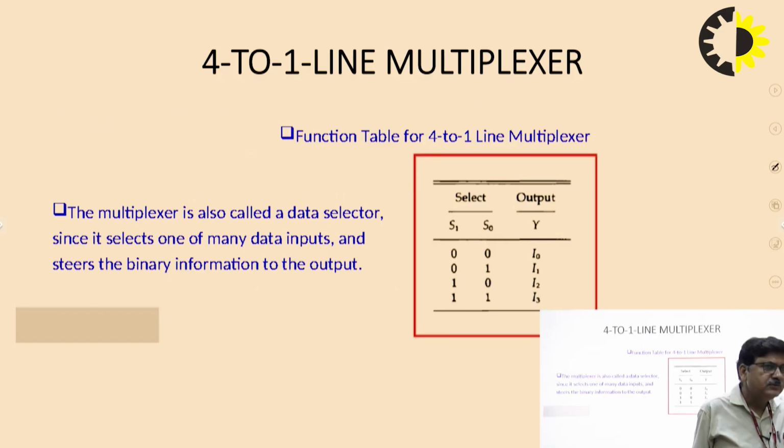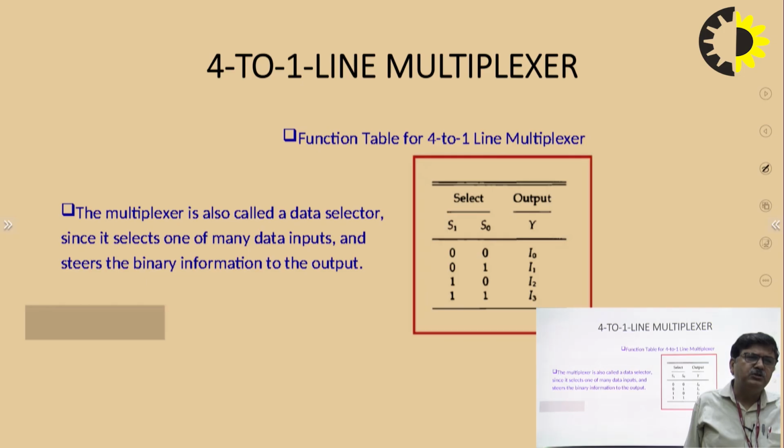As you see, these are the selection lines S0 and S1. There are two-bit selection lines; it may be 3 bit or 4 bit depending on the design. If the selection line is 0 0, then I0 gives the output. 0 1 selects I1, 1 0 selects I2, and 1 1 selects I3.